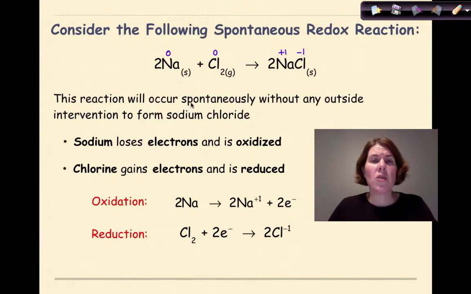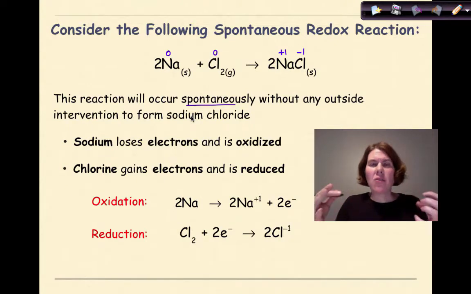This reaction is going to occur spontaneously without any outside intervention to form sodium chloride. So literally, if I take a chunk of sodium and throw it into a vat of chlorine gas, after a while, those two substances are going to react together to spontaneously make sodium chloride.